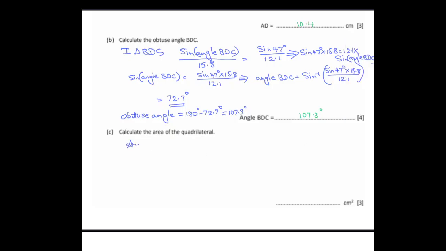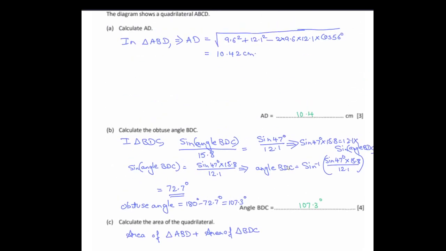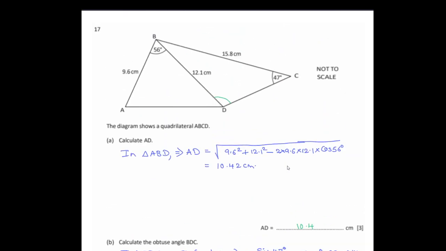Area of triangle ABD plus area of triangle BDC. So we know half into AB into sine angle, half into AB into sine angle. Now in this triangle we know these two sides, in this triangle we know these two sides, but we don't know this angle for triangle BDC. So find out that angle first.